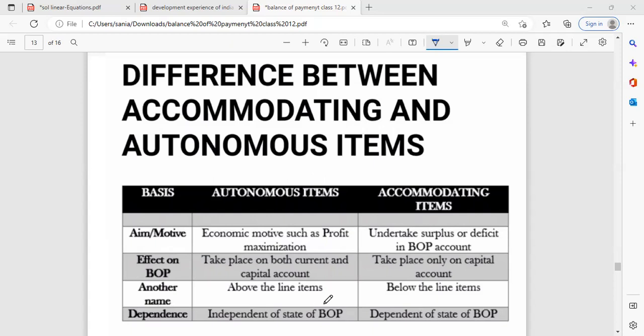Dependence: autonomous items are independent of the state of BOP, they don't care what BOP looks like. But accommodating items care whether the BOP is surplus or deficit, because they take place to correct surplus or deficit BOP. So they are dependent on the state of BOP. You will quickly write it down.